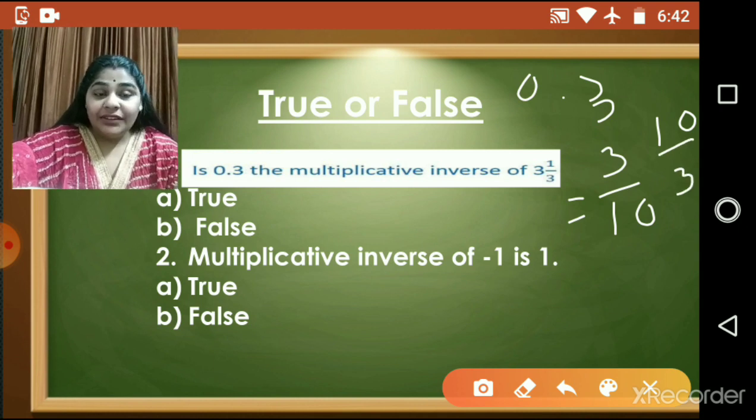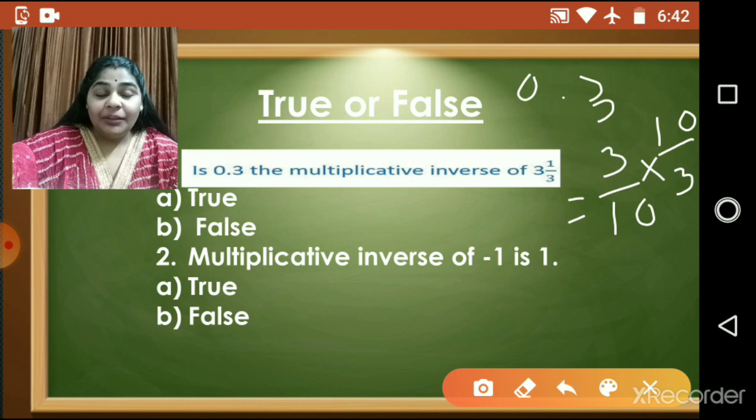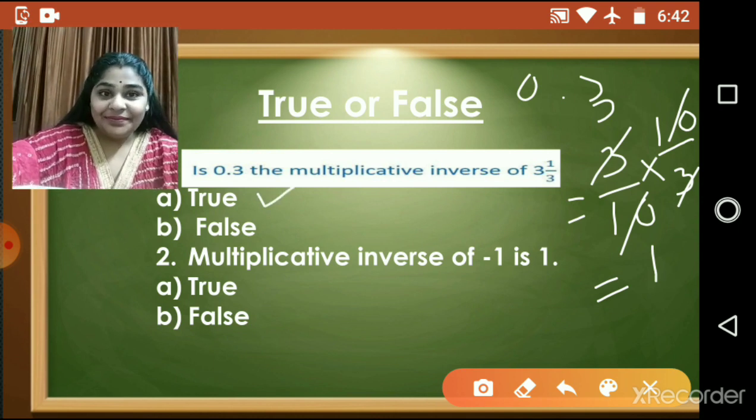Now these are the two rational numbers. Are they multiplicative inverses? Now the second rule I told, if we multiply multiplicative inverses, we get the product 1. So 10 10 gets cancelled, 3 3 gets cancelled, it is 1. So we can say yes, it is true.